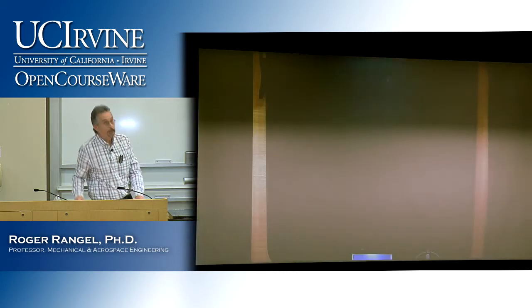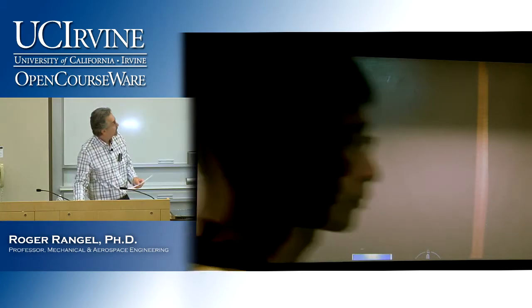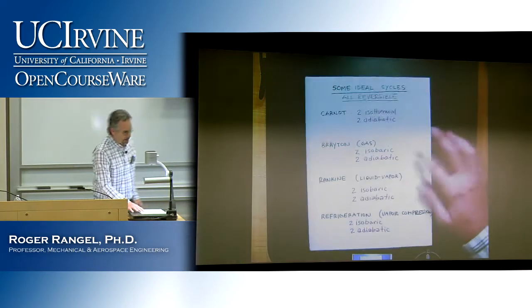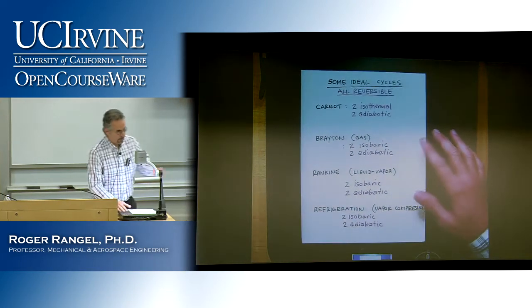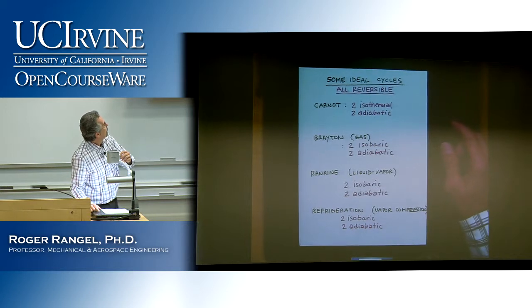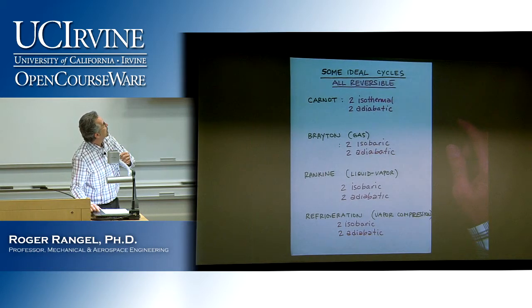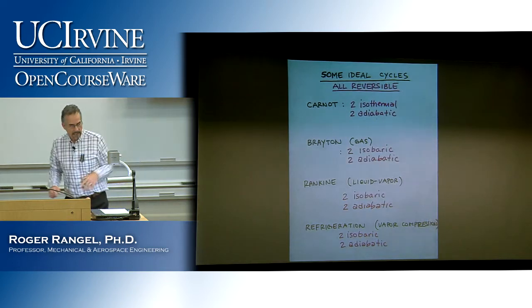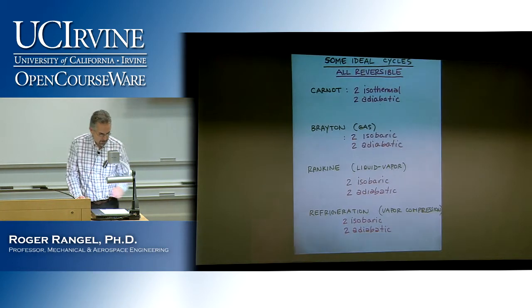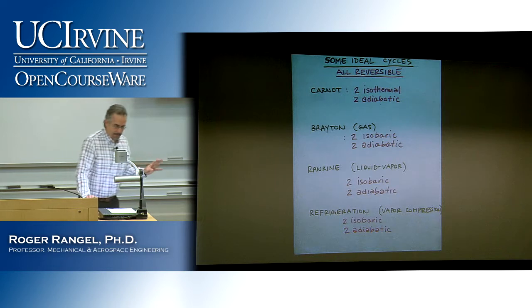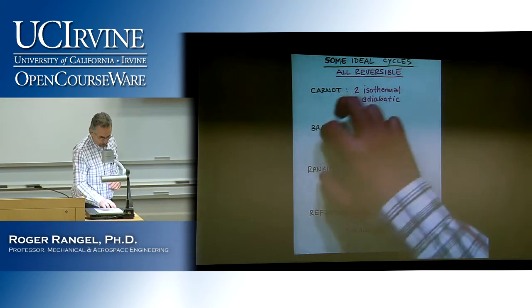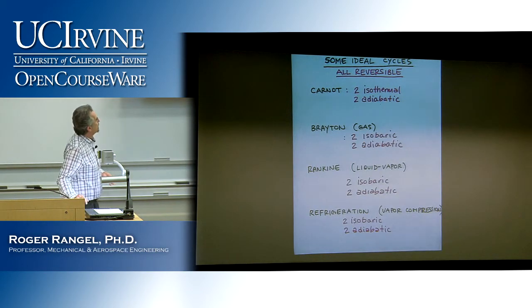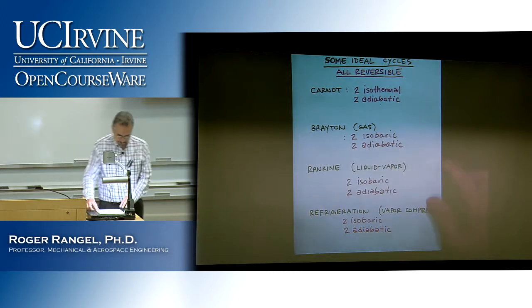Let me tell you about some other cycles, some other ideal cycles that you are going to learn about. I'm just going to mention them in this class. Of course, we're going to be spending a lot of time talking about Carnot's cycle, very little about the middle two. We'll do some about refrigeration cycles, but this is so you know about them.